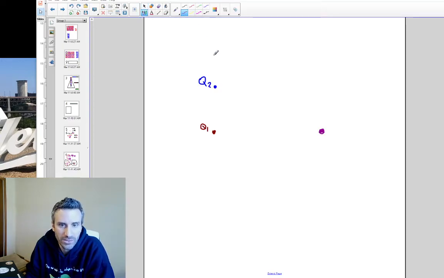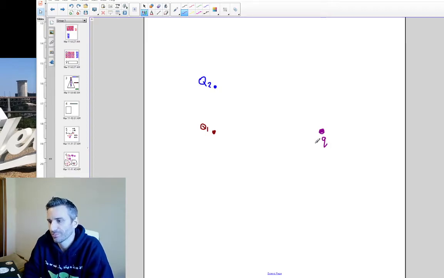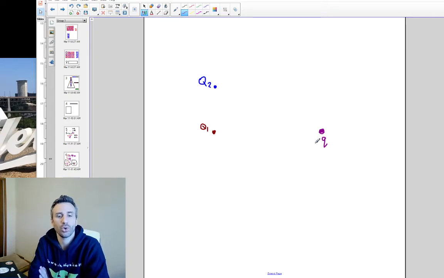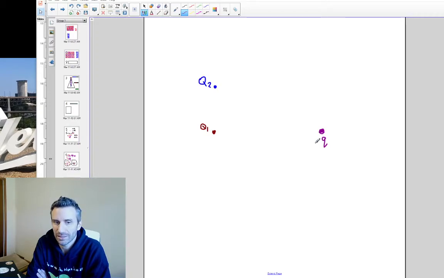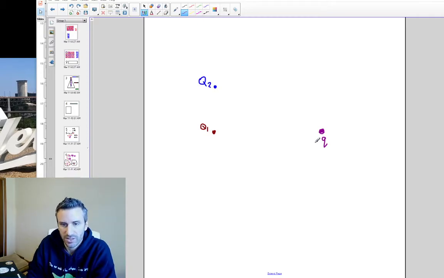And so for that reason, I'm going to express it with a lowercase q. So it's still a charge. It's just that it's a test charge that I've put there solely for the purpose of figuring out what the electric field is like at that location. Or perhaps I want to figure out what the acceleration of any charge would be at that location of some various sizes.